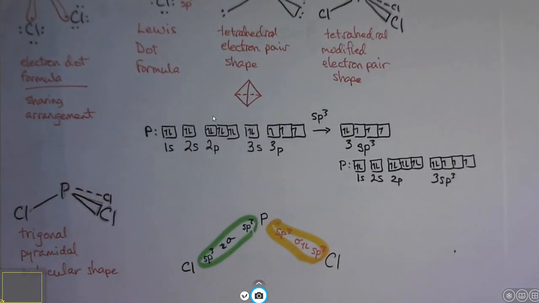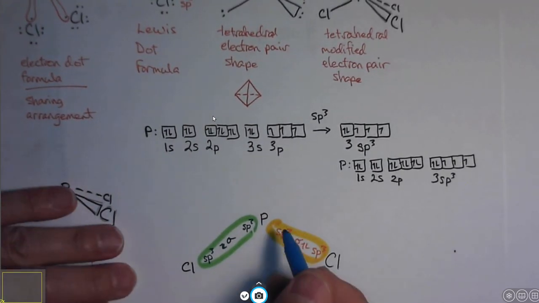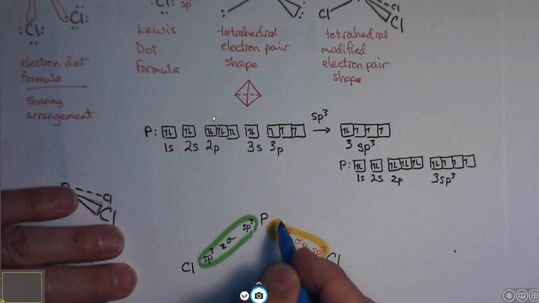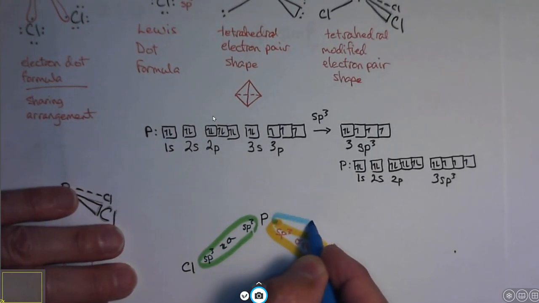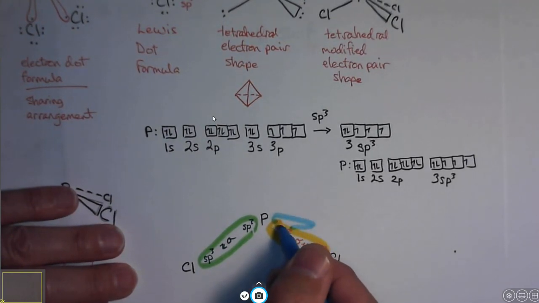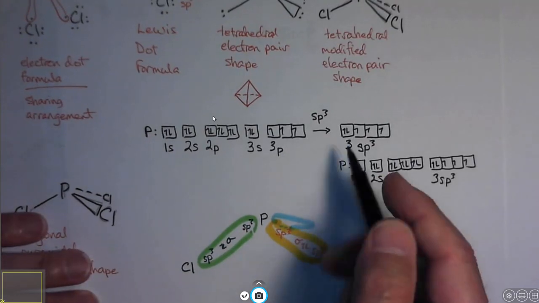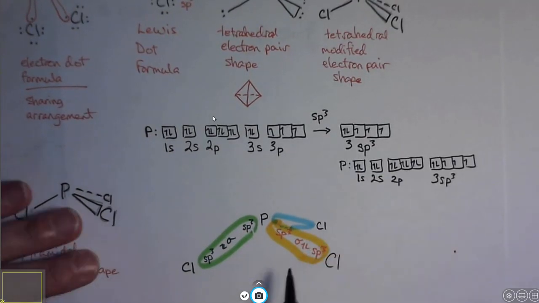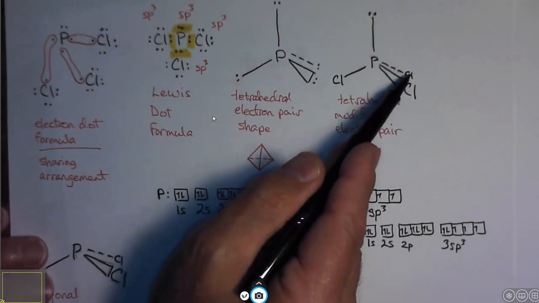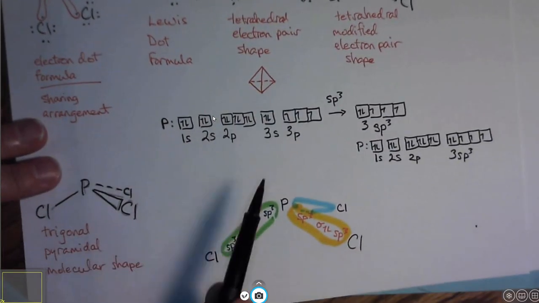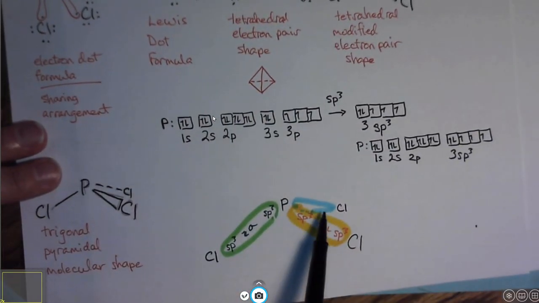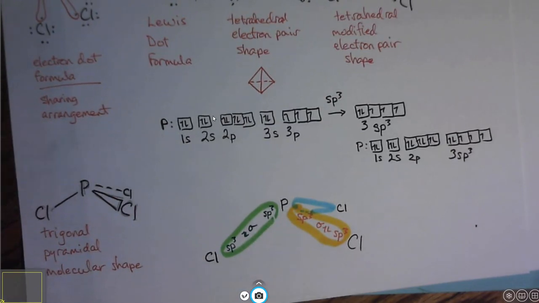And then I've got to have a sigma bond that's going back behind things. So that's this bond right here that I'm picturing like this when I'm talking about the shape of bonds. Okay.